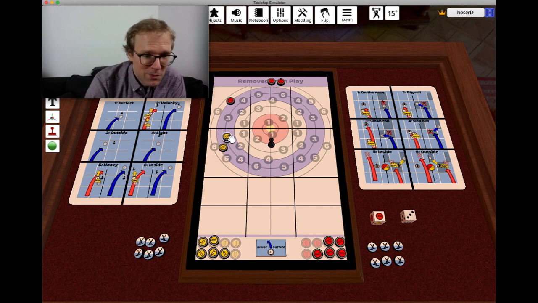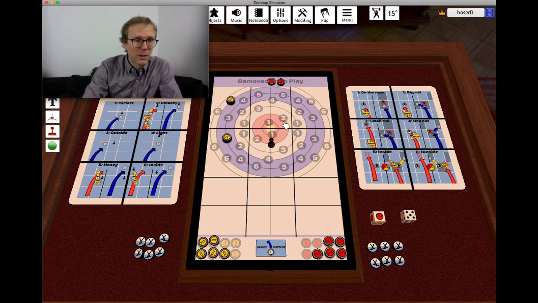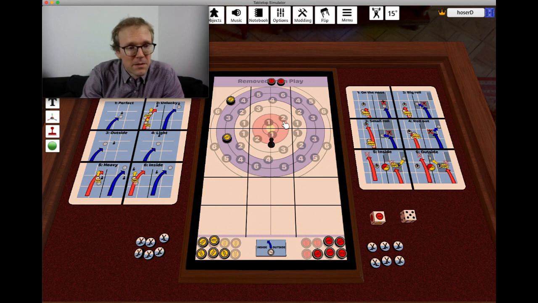These two stones are stacked. Remember, with the freeze, if there's already a stack of stones, we're going to move the bottom one back, and we're going to place the new stone on top. Now this stone back here is in an area of the house, so it has to roll to settle as well. And in principle, that could be a 5, and it could end up frozen again. It's not super likely, but these are things that can happen.